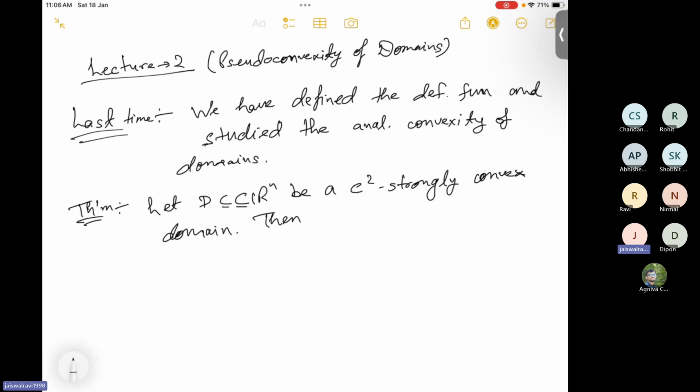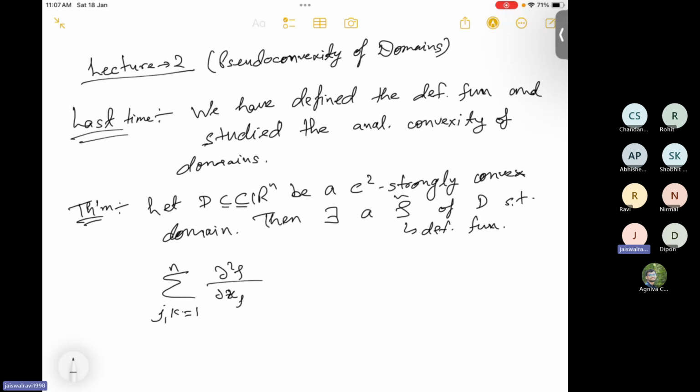Then there exists a global defining function, say rho tilde of D, such that the real Hessian, sum over j, k from 1 to n of del square rho by del x j del x k at p, w j w k, is strictly positive for all w non-zero in Rn and for all p in the boundary of omega.